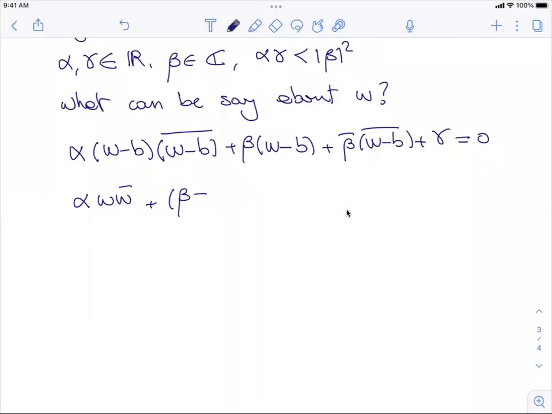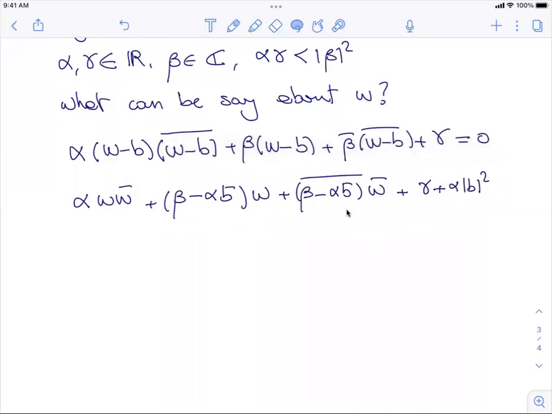So I'll just write the final result, and you can pause the video and do the algebra yourself. So beta minus alpha B bar, times W, plus beta minus alpha B bar, all of it conjugate, times W bar, plus, and here we have an extra term, gamma plus alpha times the modulus of B squared. This is not going to fit in one line, so let's move to the next line.